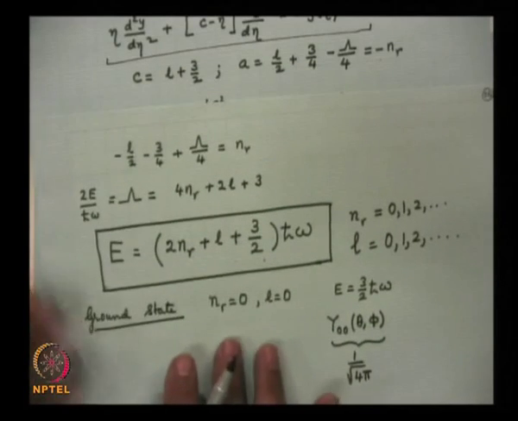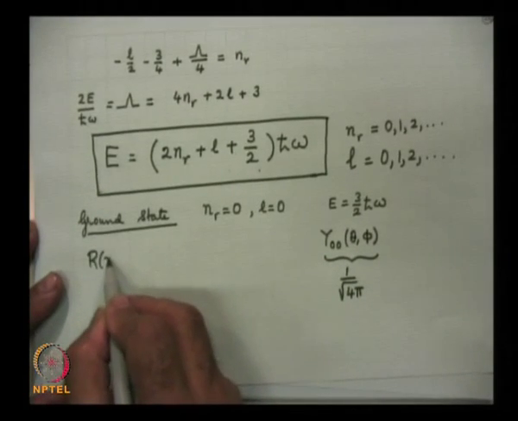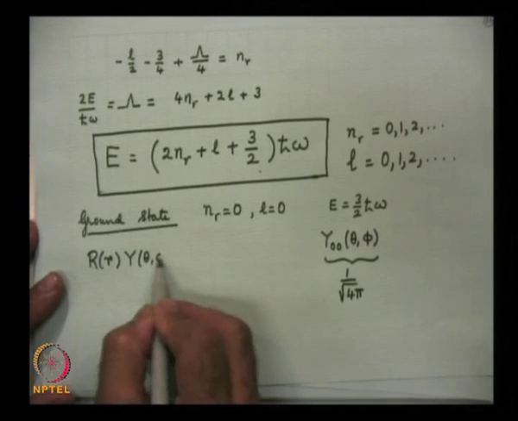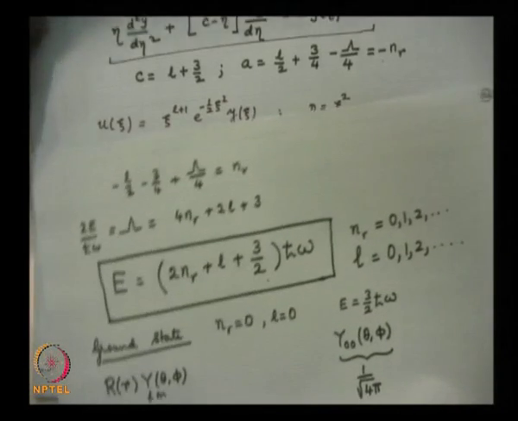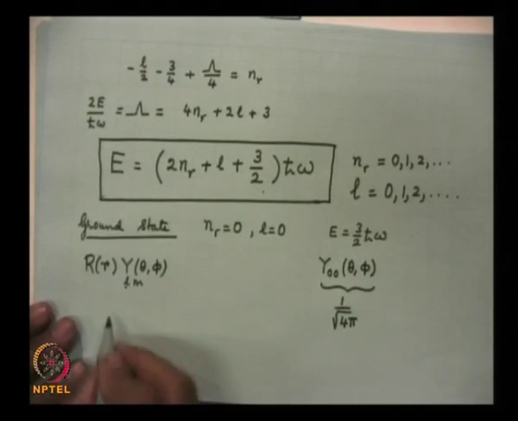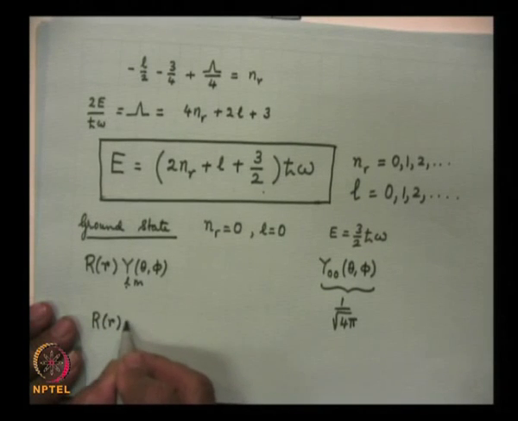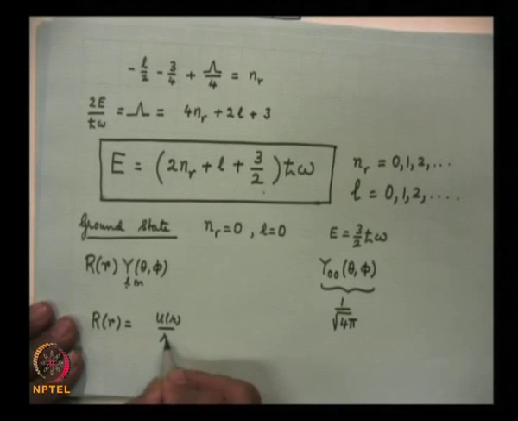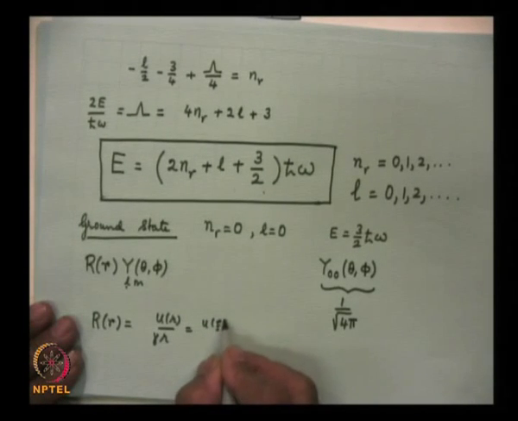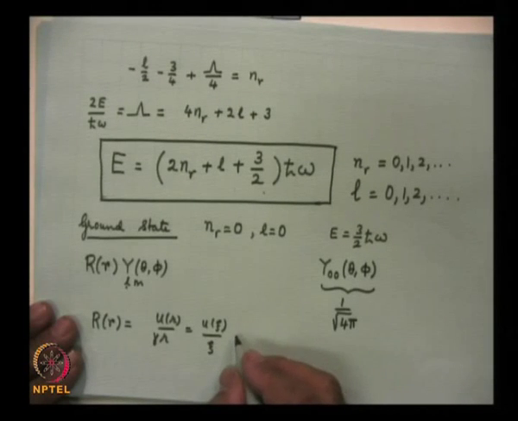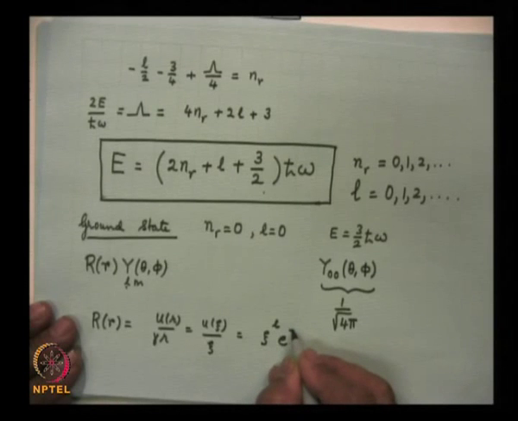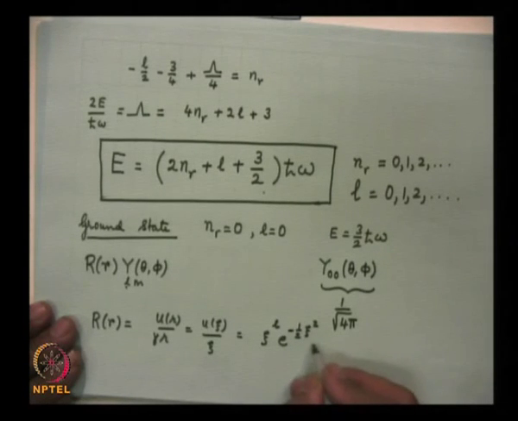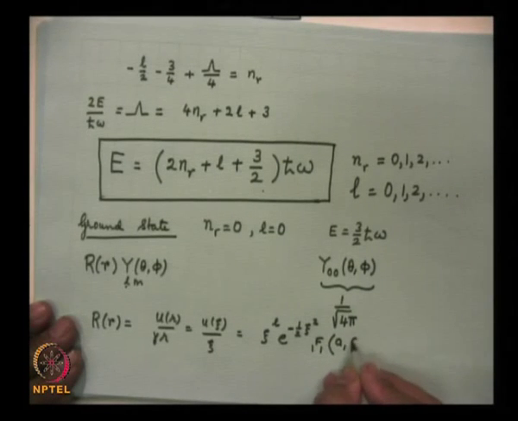This will be the angular part, and because my wave function is R of r times Y L m theta phi, L is 0, then m will be also 0, and R of r will be u of r by r, and if I multiply by gamma, so u of xi by xi, and this will be, with a normalization constant, xi to the power of L e to the power of minus half xi square 1F1 a comma c comma xi square.